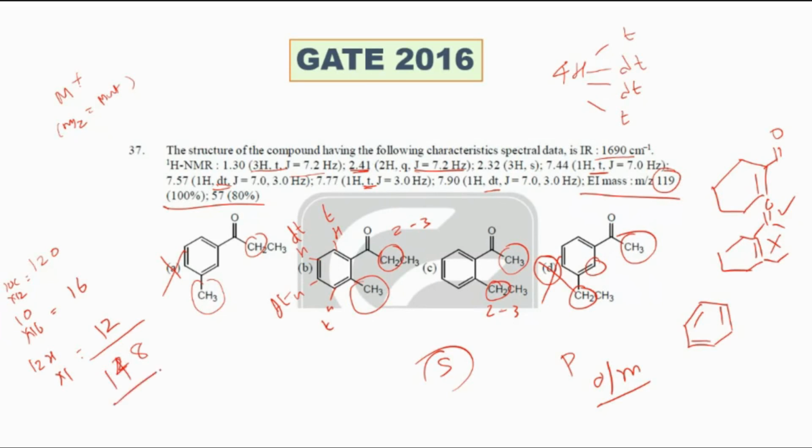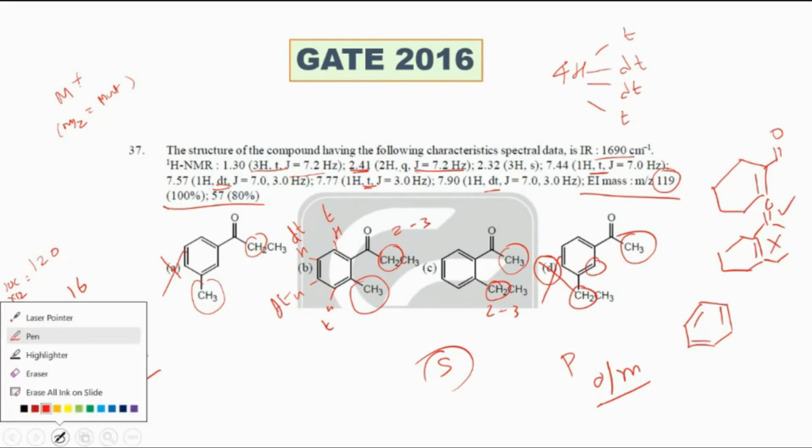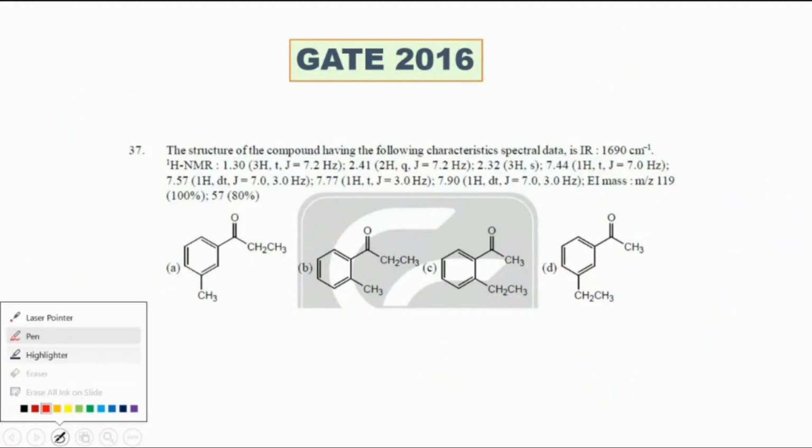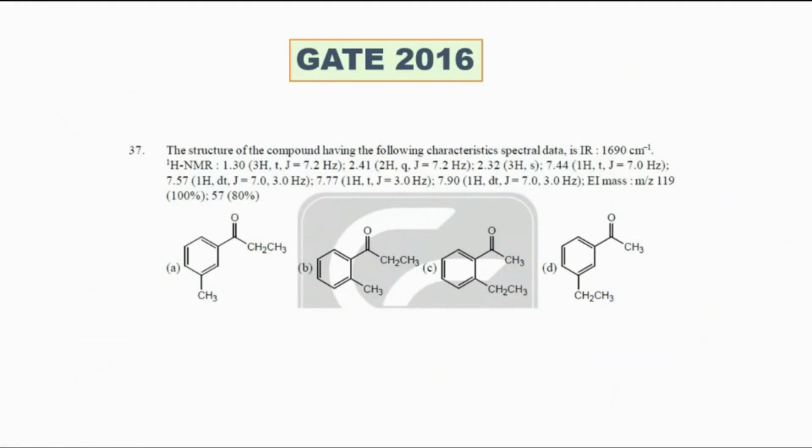148. But they have given only 119. What happened? So I have 148 but I've got a peak at 119. So I have the molecular weight 148, so the m/z of the molecular ion is 148.